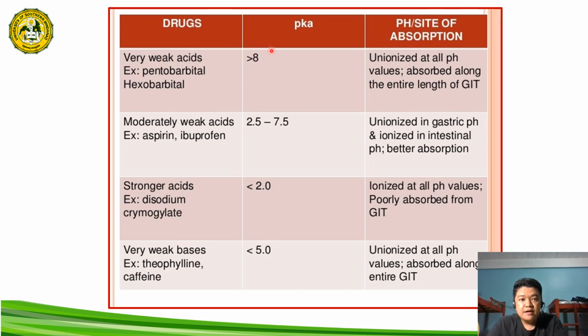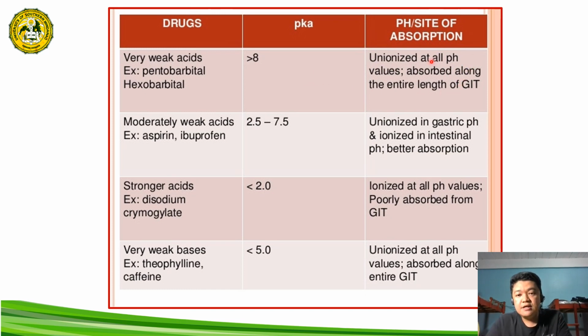So how would this affect its absorption? A very weak acid drug with a pKa value of more than 8 will be unionized at all pH values.